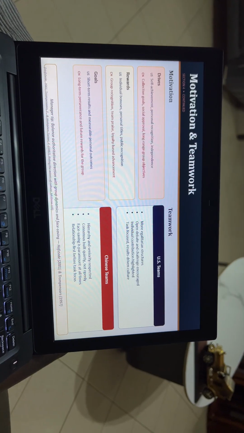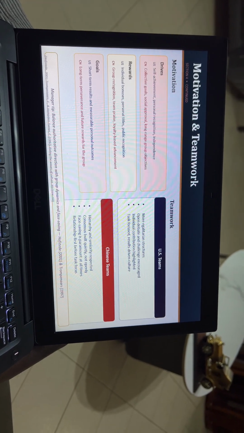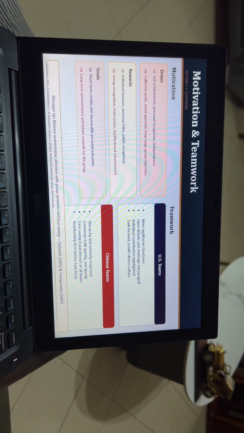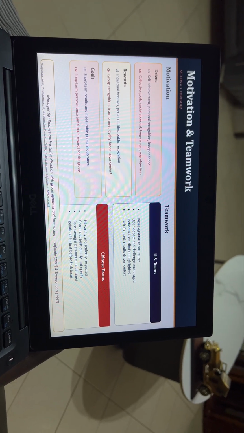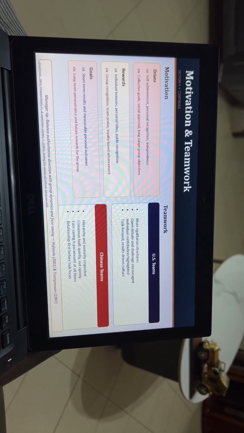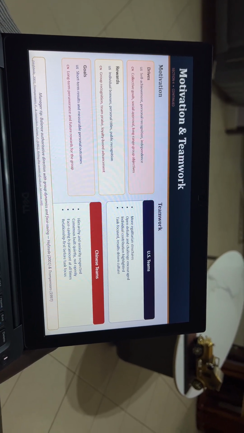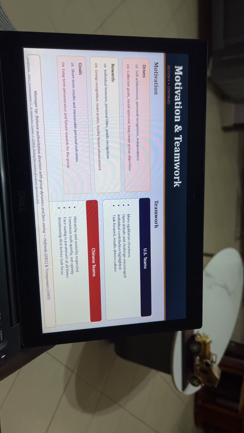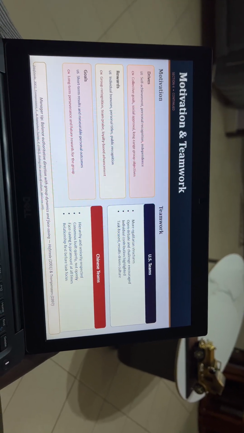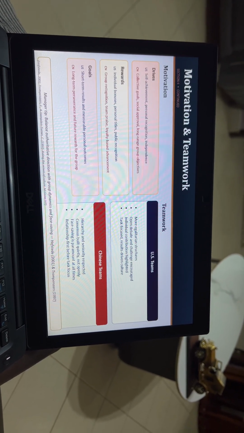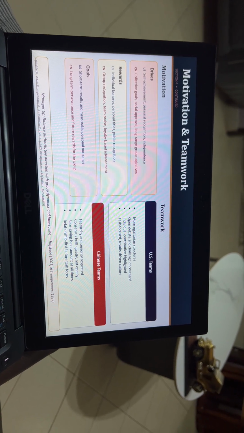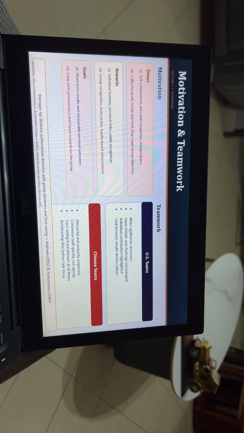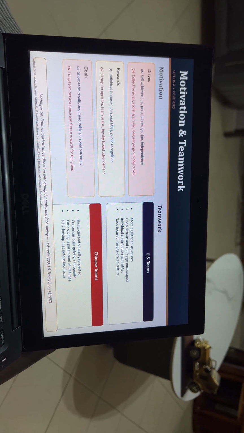Now, still under motivation and teamwork. Let's start with the motivation. Under motivation, in the US, self-achievement, personal recognition, and independence is what drives motivation. In China, it is collective goals, social approval, long-range group objectives is what drives motivation.